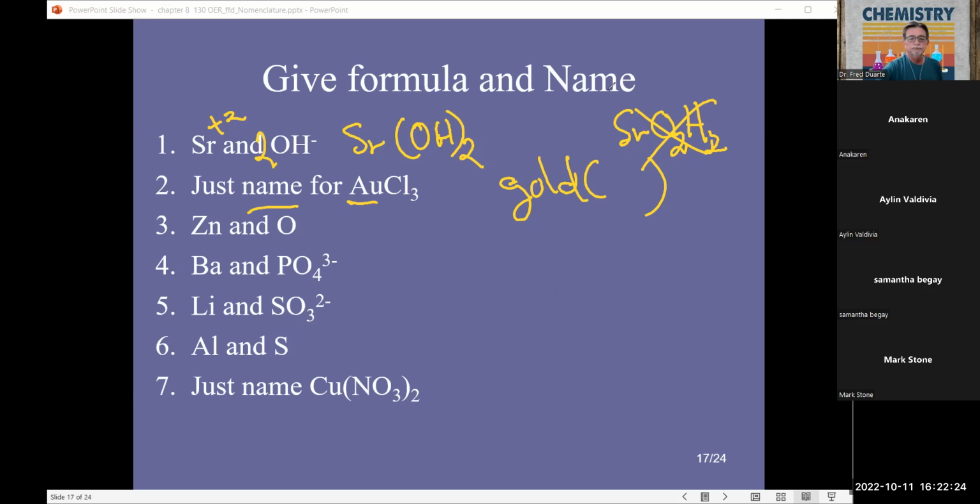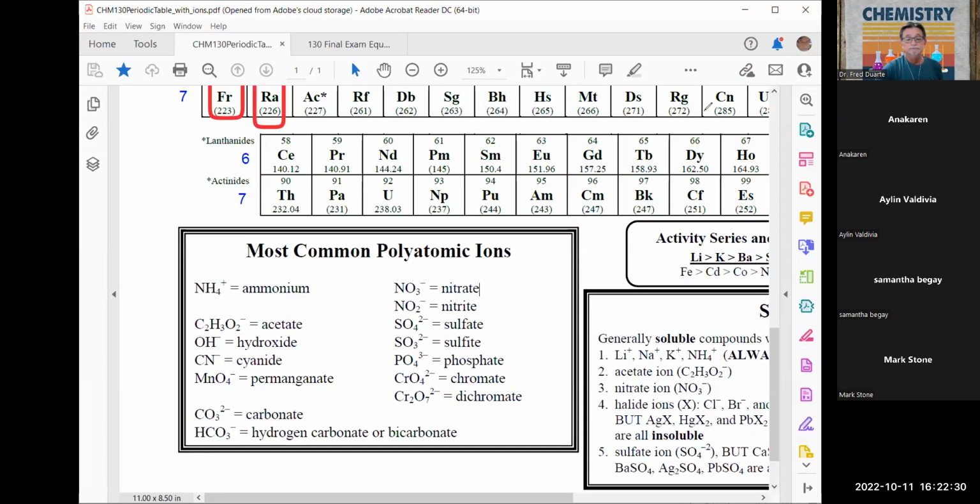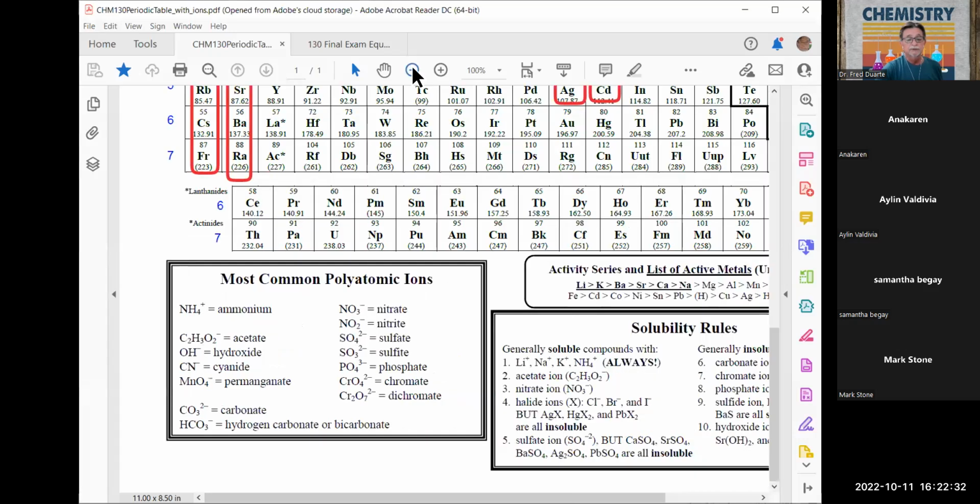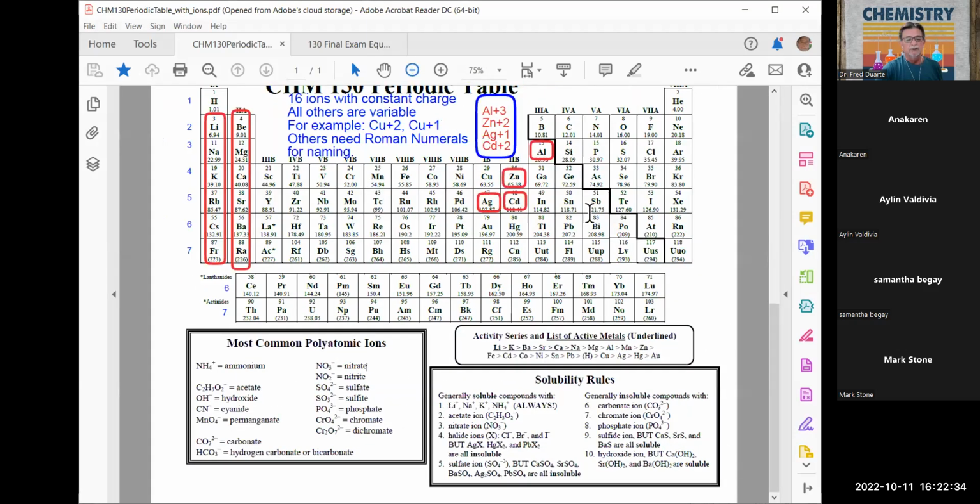So let me show you now, just to make sure that we are on the same page. All right. So the ones I've circled in red, group 1, group 2 elements, have an exact oxidation number. Group 1 has a +1, group 2 a +2.